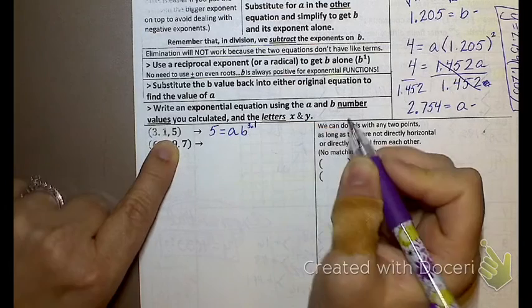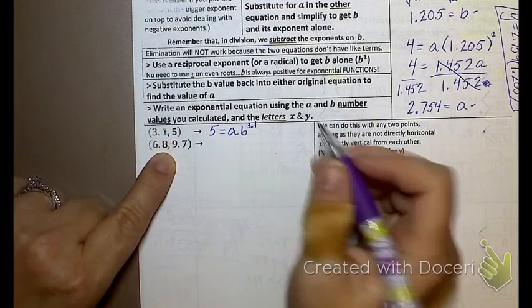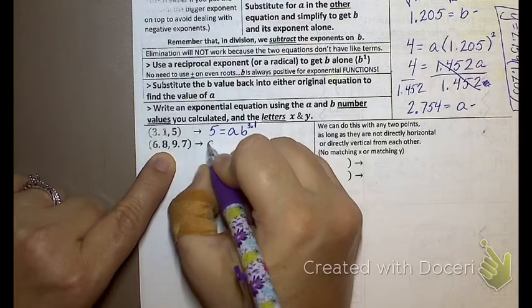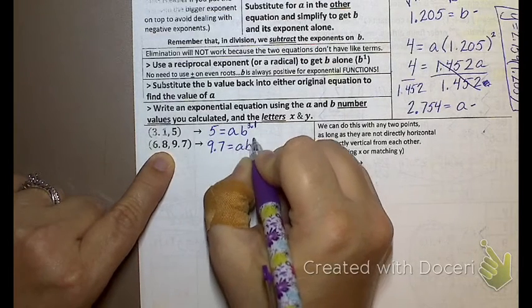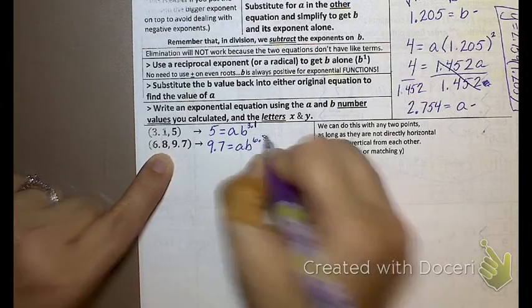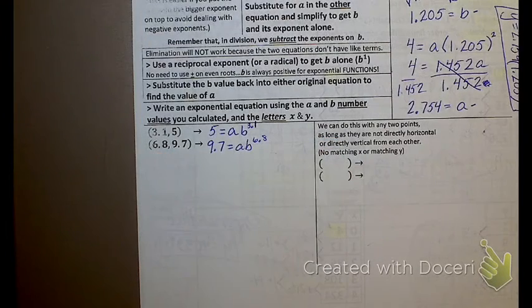And that's ugly, but we'll see what happens with it. And what's this one going to look like? 9.7 equals a b to the 6.8 power. All going to be like this in what way? Decimals? Very well could be. Yep.